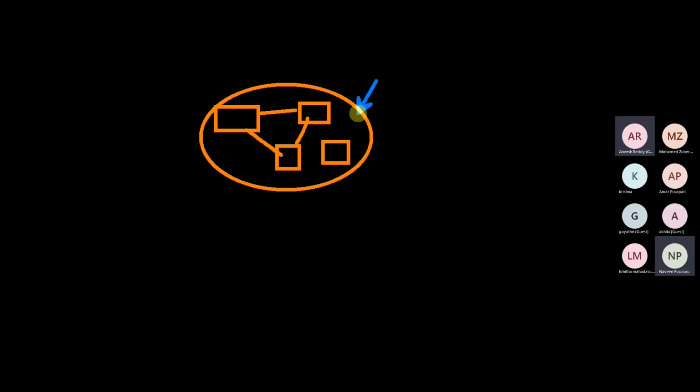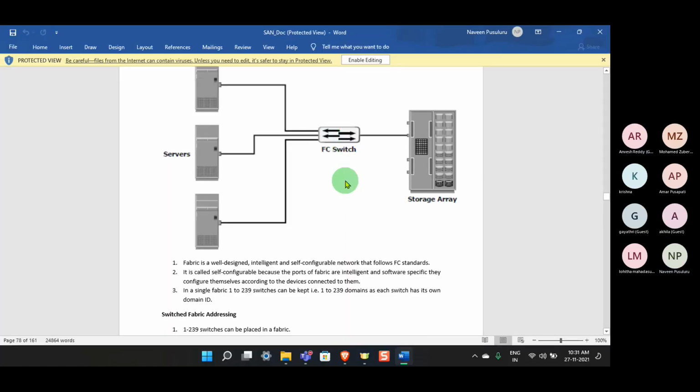Like that, you can add up to 239 switches in a single fabric. Practically, they say 239 switches, but the biggest fabric I saw in my entire career is a 12-switch fabric, I guess.